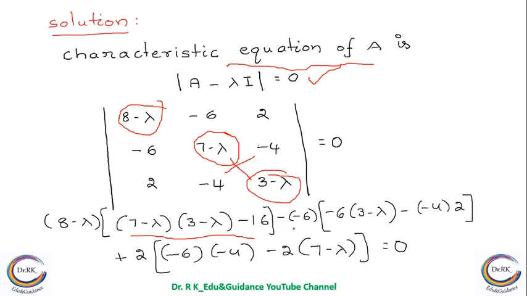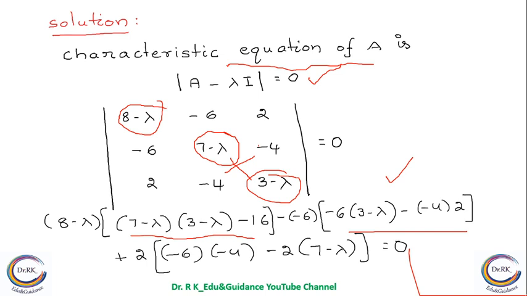Next, the second element is minus 6 minus of [minus 6 into (3 minus lambda) minus 4 into 2]. Next, the third one is 2 into [minus 6 into minus 4 minus 2 into (7 minus lambda)] equal to 0. Right? Like this we have to expand to find the corresponding eigenvalues as well as eigenvectors.